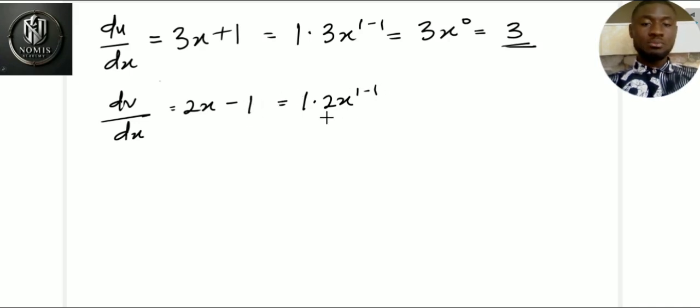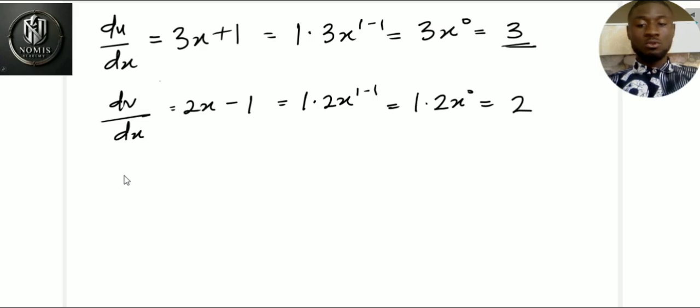So you have 1 multiplied by 2x to the power of 0, and anything raised to the power of 0 is 1. So 1 multiplied by 2 multiplied by 1 is equal to 2. So du/dx is equal to 3, and dv/dx is equal to 2.